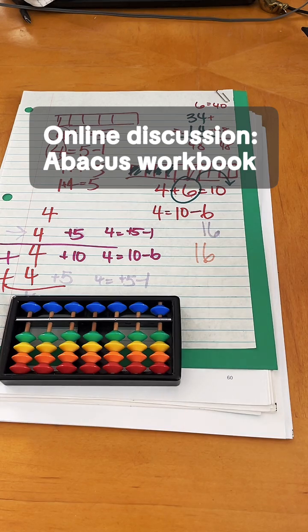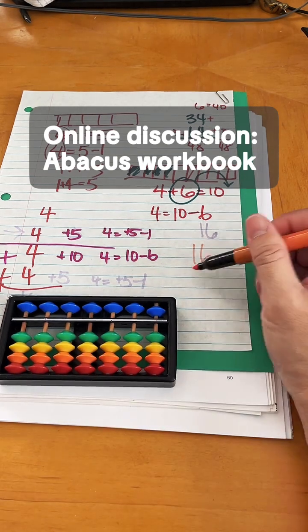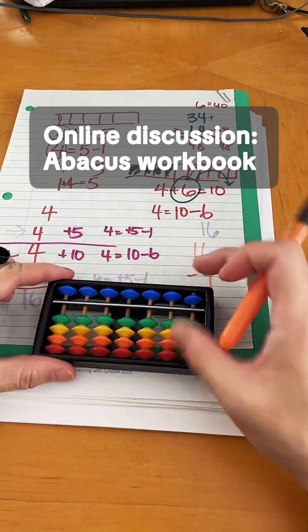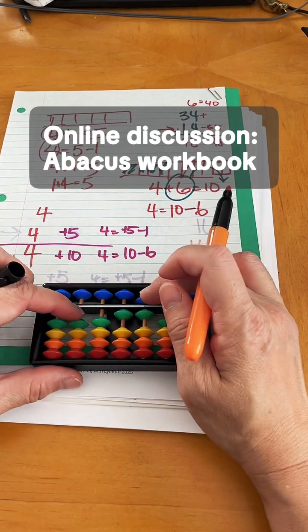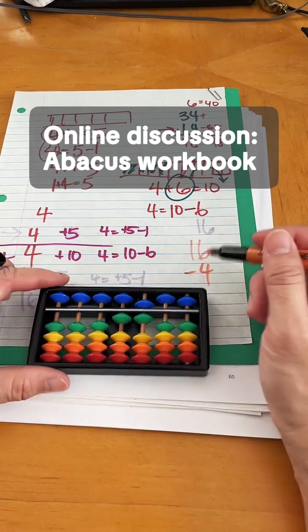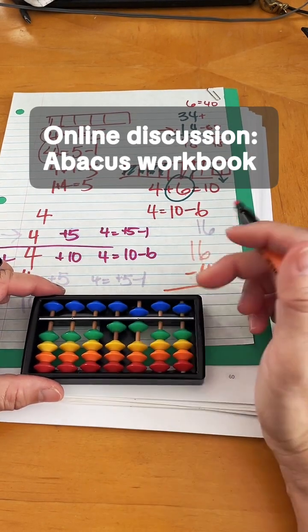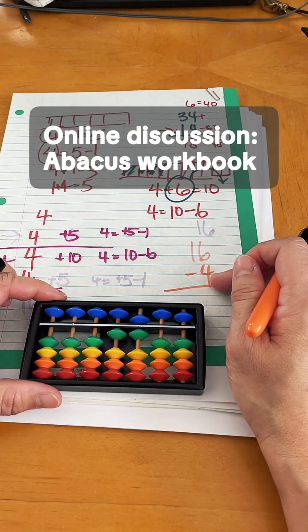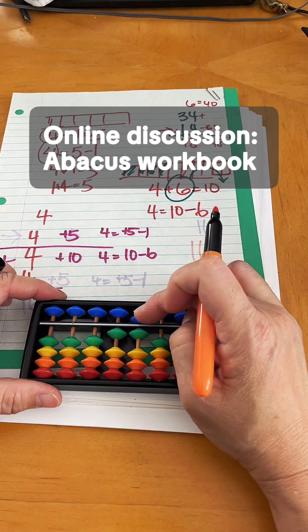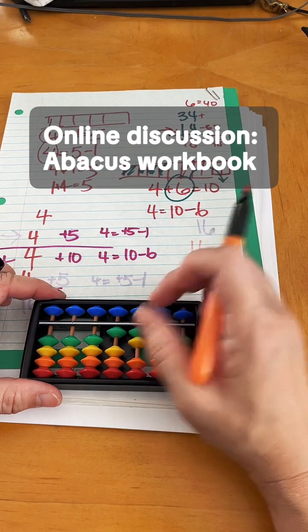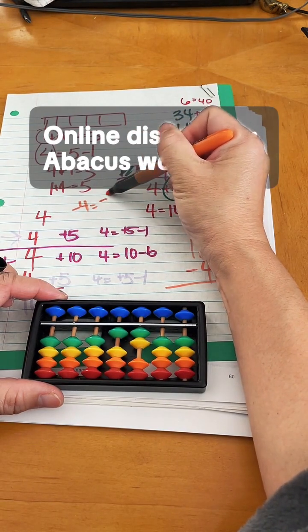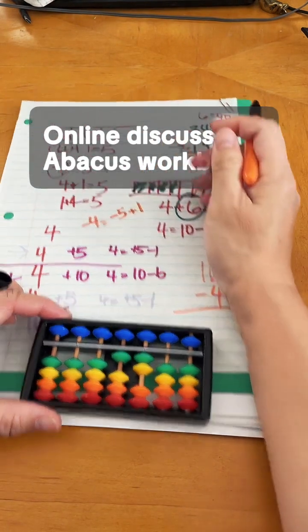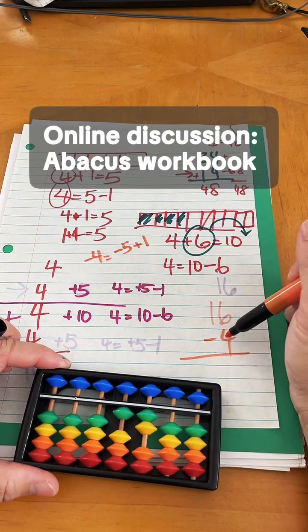I have a student and we're talking about the 10 frame. So 16. So we could do 16 take away 4, right? Well, I need to take away 4. Can I take away 4? Is there enough beads to take away 4? No. There's not enough beads to take away 4. So what do I do? I have to take away the 5, add the 1. See how it's the reverse? So if I want to minus the 4, I have to take away the 5 plus the 1. That's what this is.